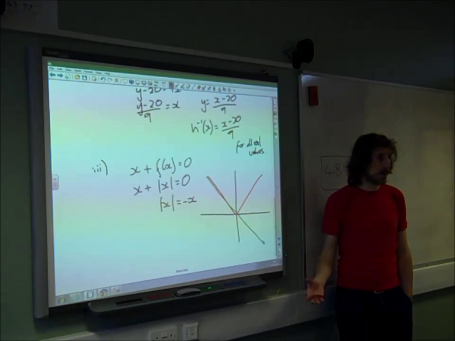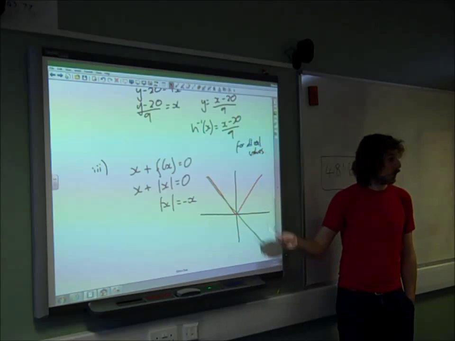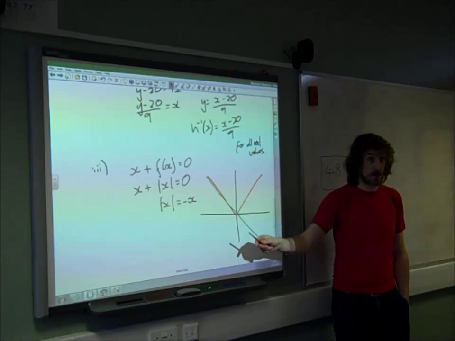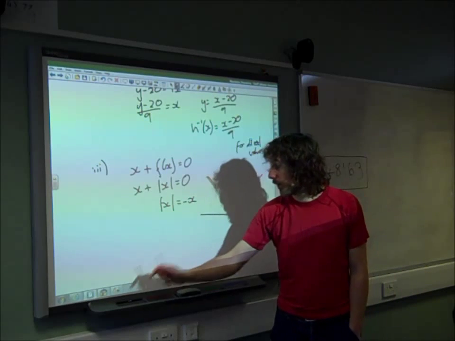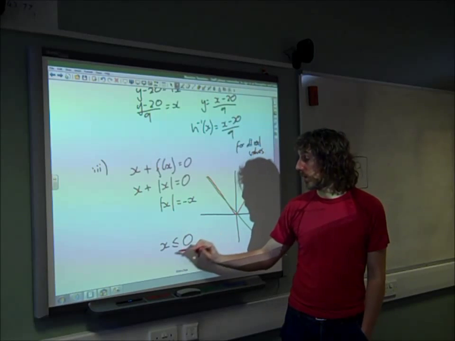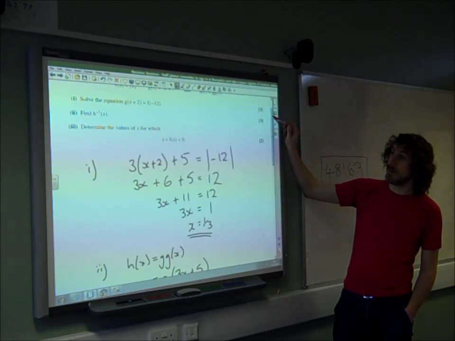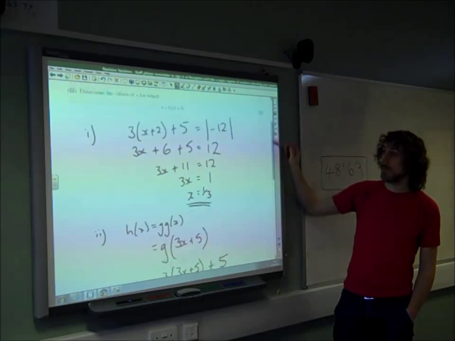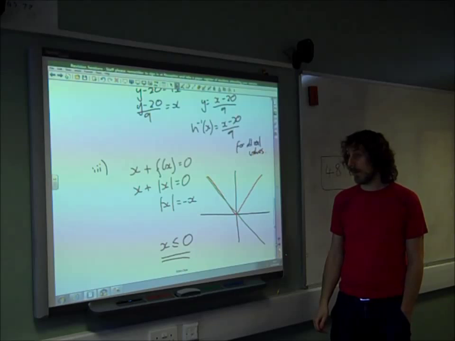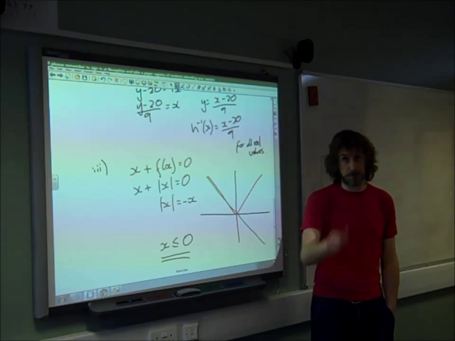So what is the set of values for which these two things are the same? Well, it's all the values less than or equal to 0, isn't it? So that would be our solution. That is the set of values of x for which x plus f of x is equal to 0. Oh, yeah, and that's very good stuff.